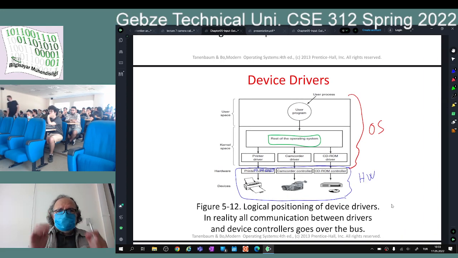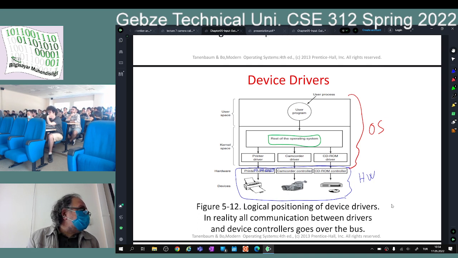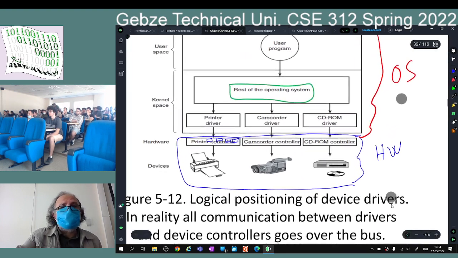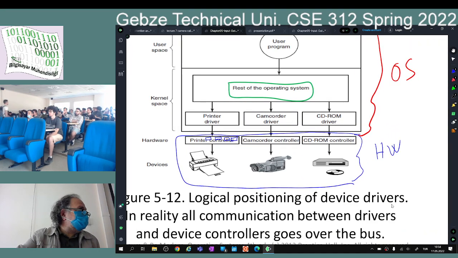Device drivers are of course software. We know that, and they deal with the corresponding hardware.